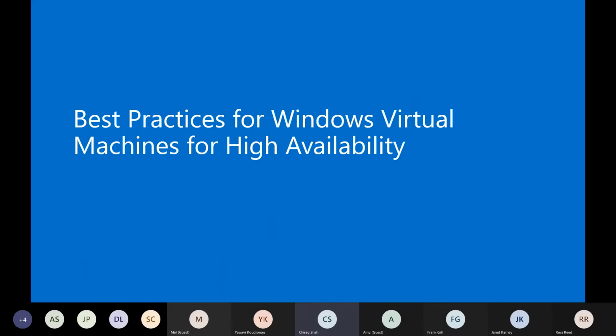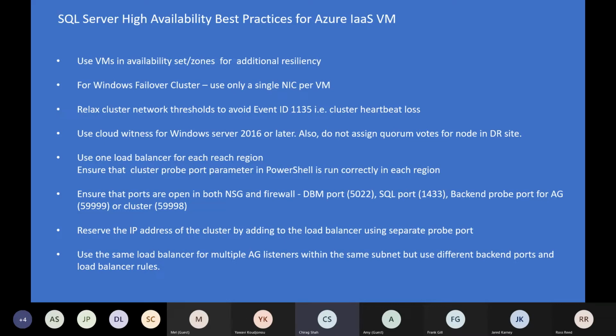So, best practices for Windows virtual machines for high availability. Okay, so on the cluster side of setup, if you run SQL Server on Azure virtual machines, what's different? I put all the best practices into one slide. We'll talk about some of this, I'll expand on it, but there are quite a few, right?